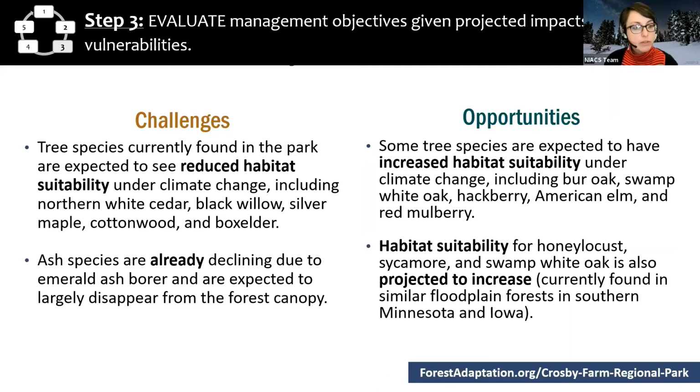They assessed the inventory of the canopy in this area and found that a majority of the tree species are expected to see reduced habitat suitability under climate change. And that includes northern white cedar, black willow, silver maple, cottonwood, box elder, and, very familiar to those in the Midwest and everywhere, emerald ash borer is here, and some areas are just now receiving the last blow from the EAB, and so the ash species there are declining.